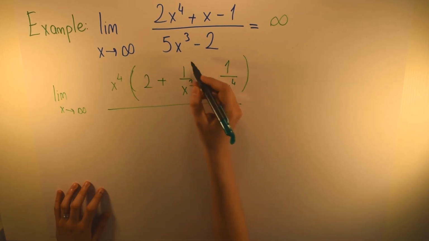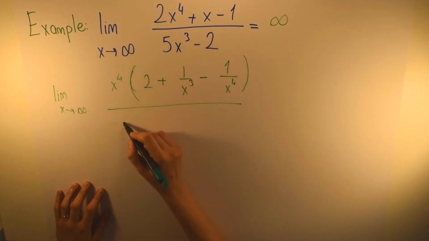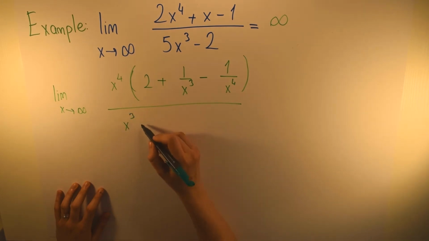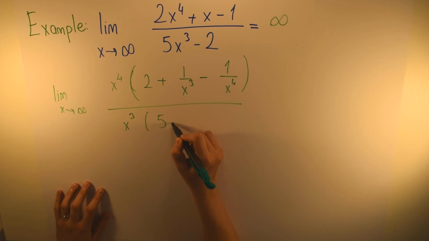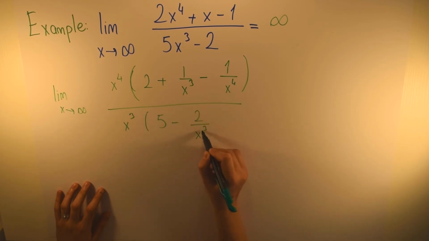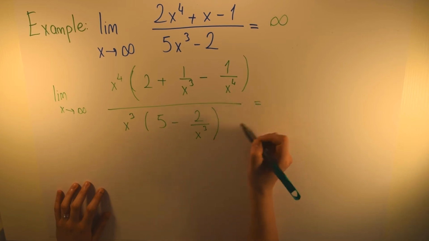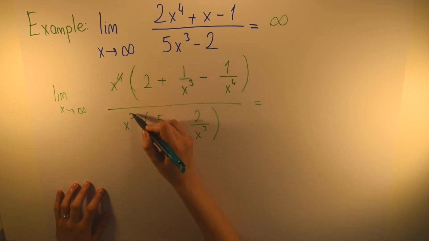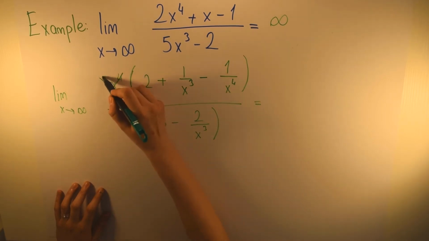And in the denominator, we have x to the power of 3, so I take the parenthesis of x to the power of 3 times (5 minus 2 over x to the power of 3), right? Now when we simplify these two, we will get x.